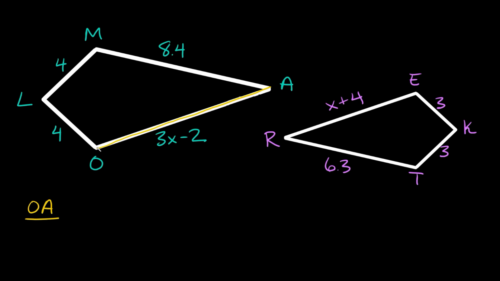Well, it looks like from O to A is the longest side. So then the longest side on this one, it looks like it's from R to E, right? From R to E, which just happens to be the missing or unknown side also, okay?